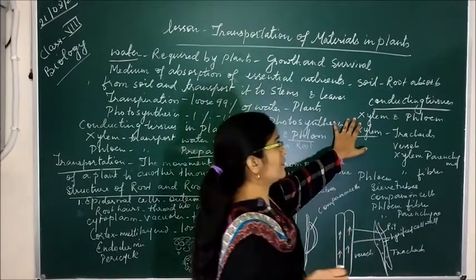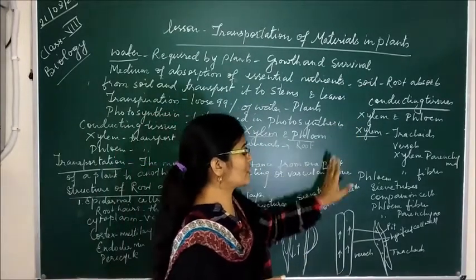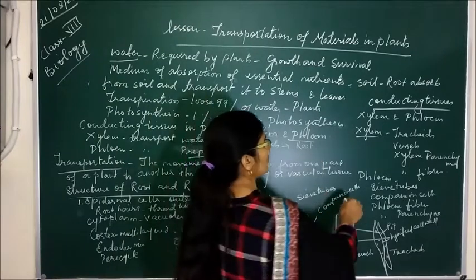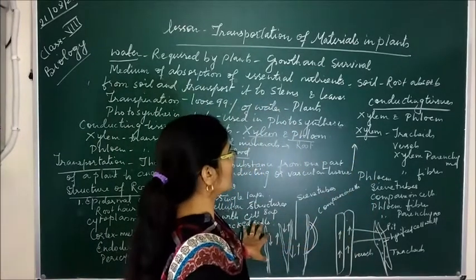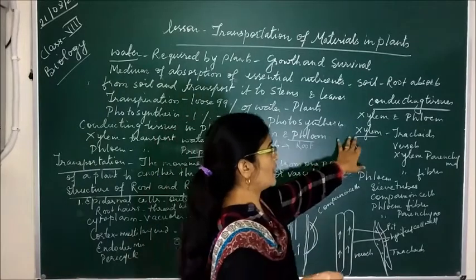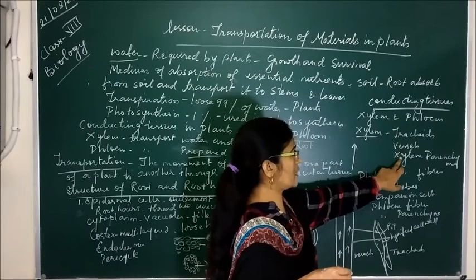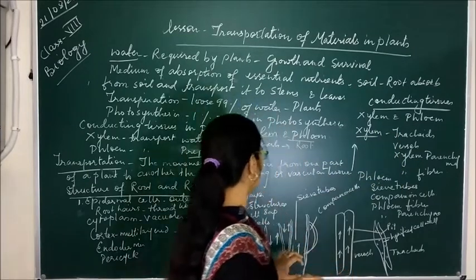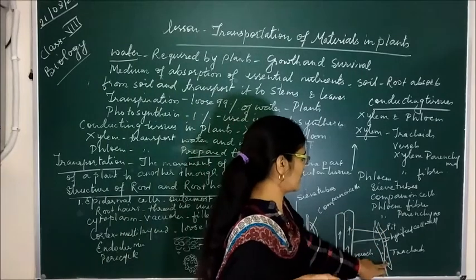Whatever water and minerals the xylem transports, it always transports in the upward direction. Upward means from downward to upward, like this. So here we can see the structure of the xylem. Xylem consists of four components: tracheids, vessels, xylem parenchyma and xylem fibers. If we draw the structure of the xylem, we can see this type of structure.